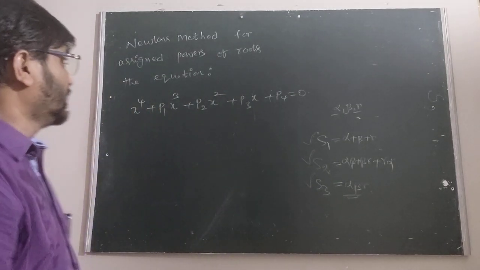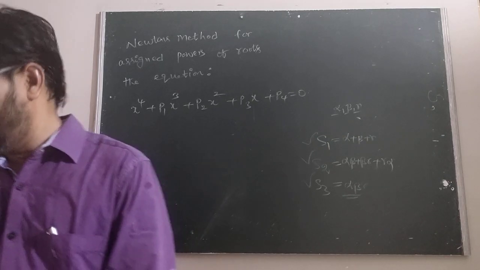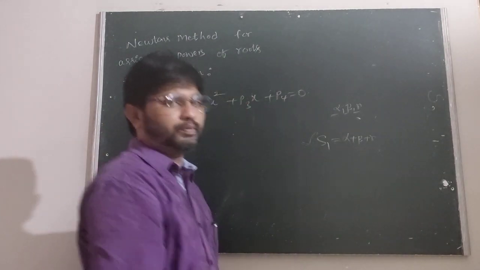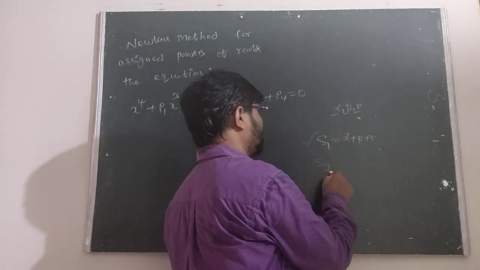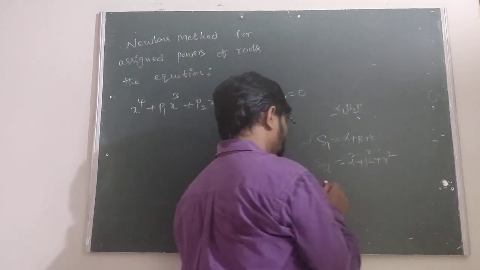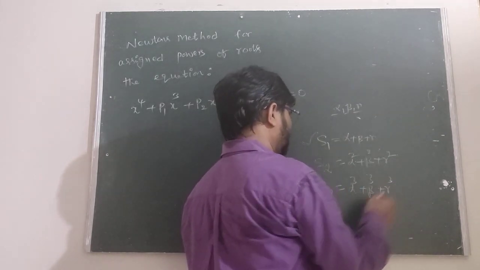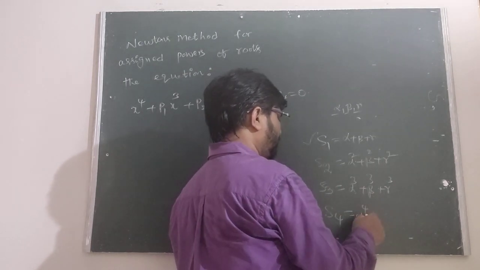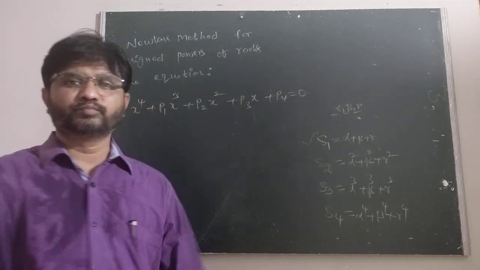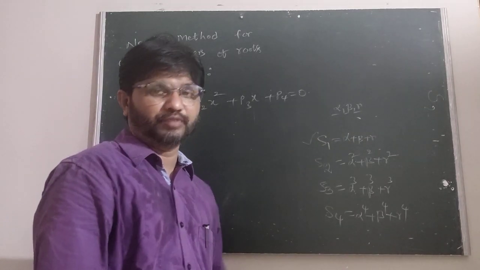But here, Newton's method for assigned powers of the roots means S1 is alpha plus beta plus gamma, S2 is alpha square plus beta square plus gamma square, S3 is alpha cube plus beta cube plus gamma cube, S4 is alpha power 4 plus beta power 4 plus gamma power 4. Similarly, S5 is alpha power 5 plus beta power 5 plus gamma power 5.